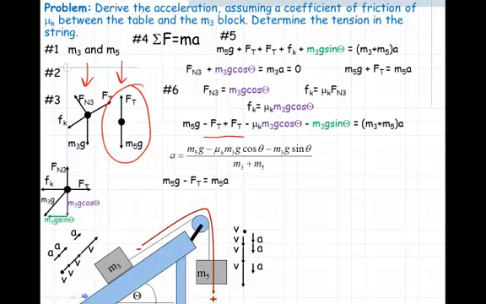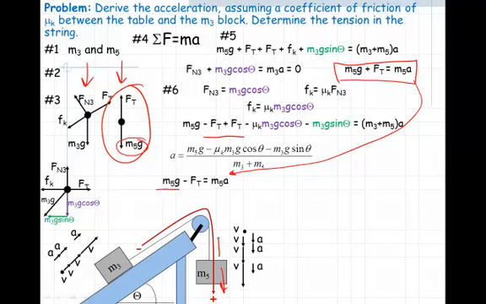We wrote this equation earlier, but we didn't include the positive and negative signs. So we'll rewrite it down here and make sure we've got the right positive and negative signs. Once again, along our line of action, when we're going downward, we've got a positive M5G, so we're going to leave that positive.